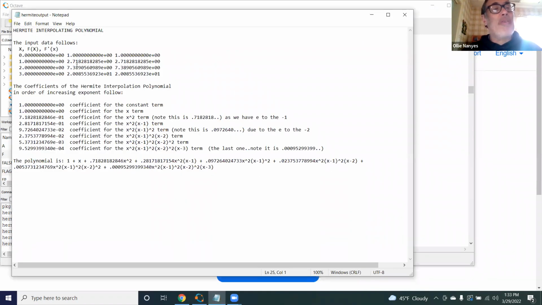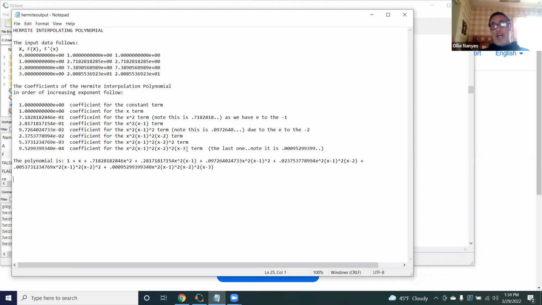Well, if we go up here, what we find, and I've copied these exactly, the thing to remember is that the polynomial you get is always going to be the constant coefficient plus the coefficient of x minus the first node, plus the coefficient times x minus the first node squared, plus the coefficient times x minus the first node squared times x minus the second node, plus the coefficient times x minus the first node squared, x minus the second node squared, and so on, with the very last one being the coefficient times x minus the first node squared, x minus the second node squared, x minus the third node squared, and then x minus the fourth node.